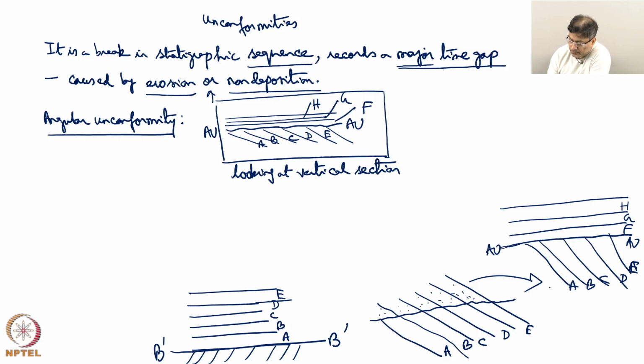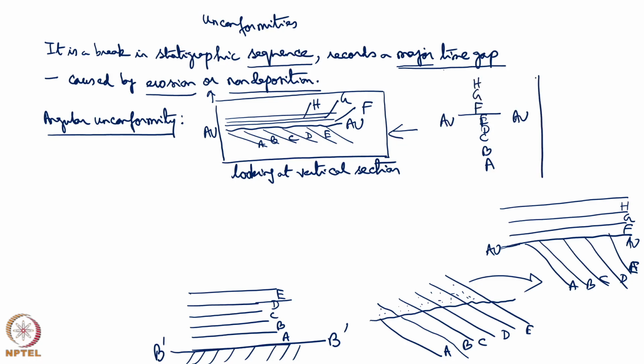So, the sequence of deposition that we decipher from this will be A, B, C, D, E, then angular unconformity and then F, G and H, and here we can put the arrow of younging direction, which means old to young. This way deposition has happened.